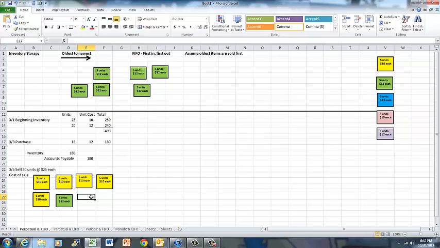So as you can see here, the cost of our sale is going to be 25 units that cost $10 each, plus another 5 units that cost $12 each. So to calculate the total cost of our sale, we'll take 25 times 10, which is $250, multiply 5 times 12, which is 60, and we're going to add those two together.